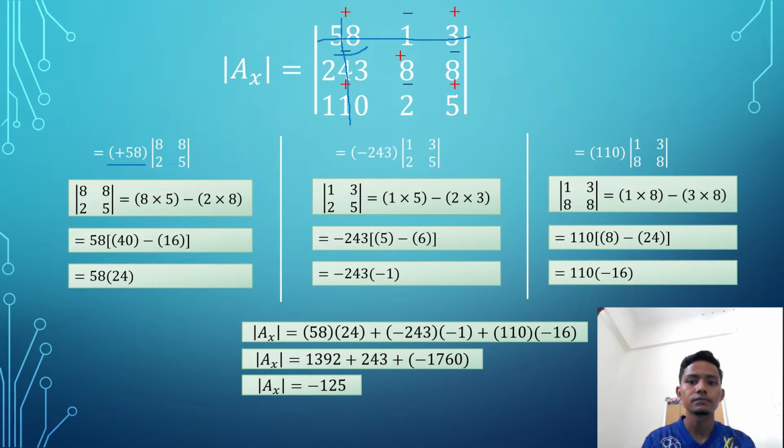For the second step, after we choose the first row, we're going to choose the second row. Now you can see that 243 is the value that meets between the lines with the minus sign on it.